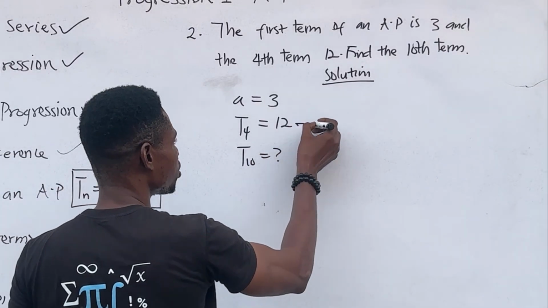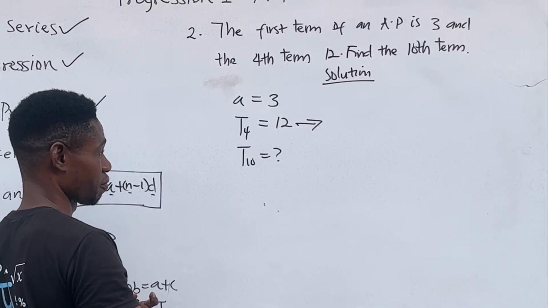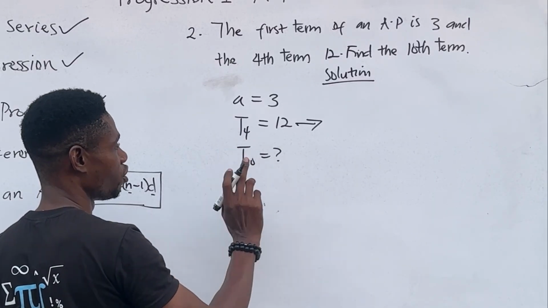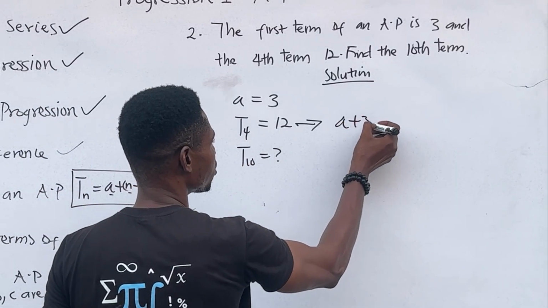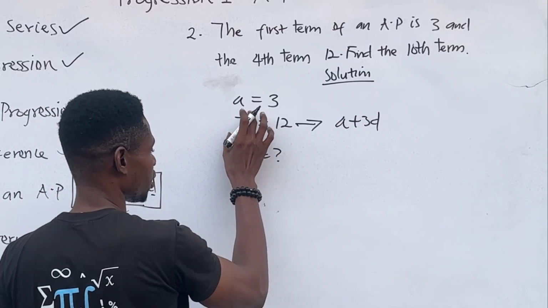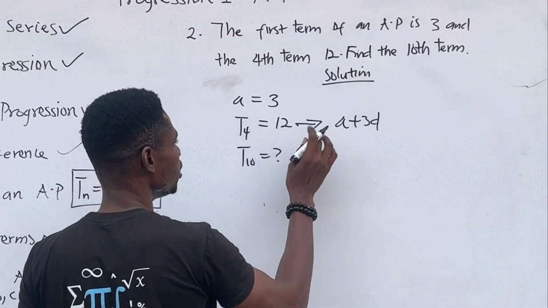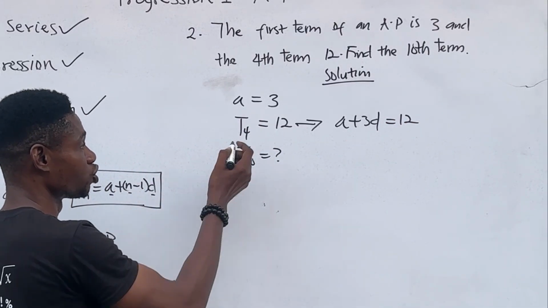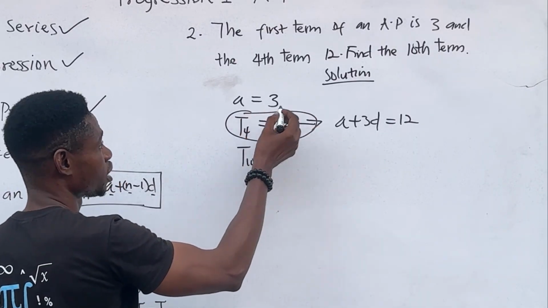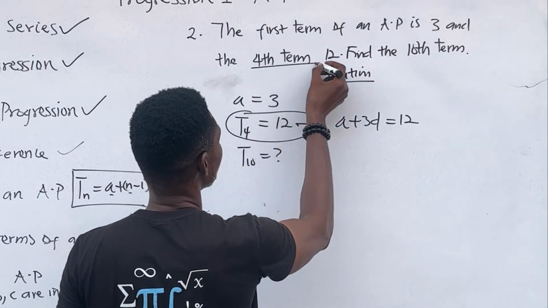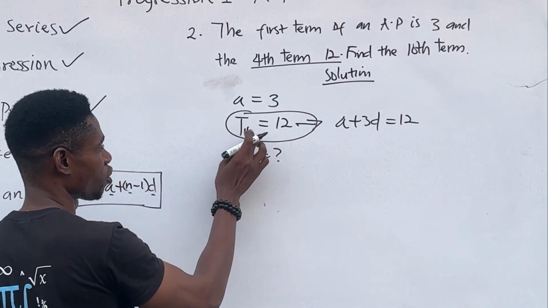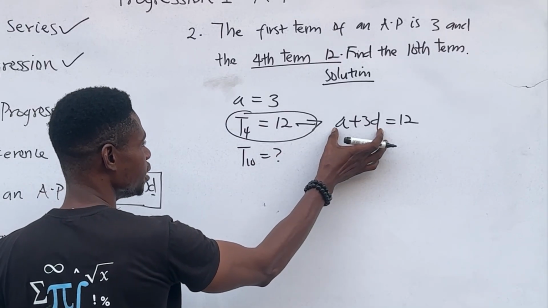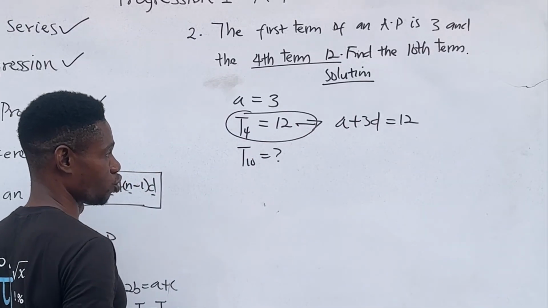But if you pick this fourth term, T4 normally is what? A plus 3D, right? The fourth term, A plus 3D, equal to 12, according to the question. So the T4, which is A plus 3D, is equal to 12.